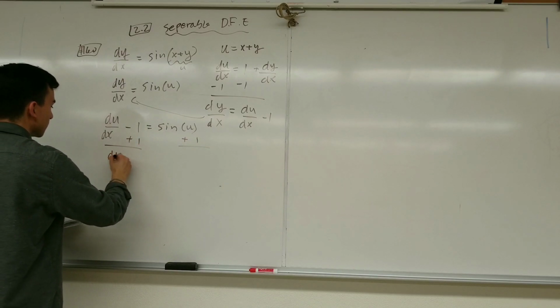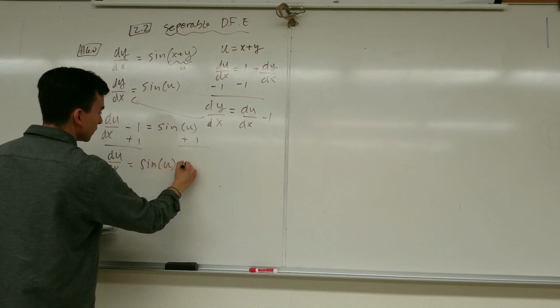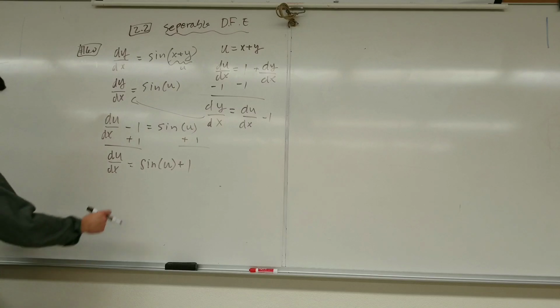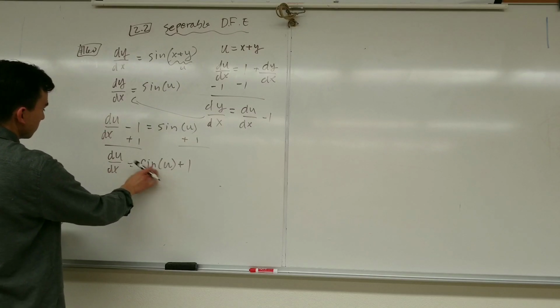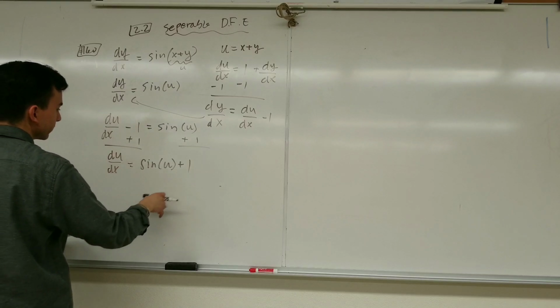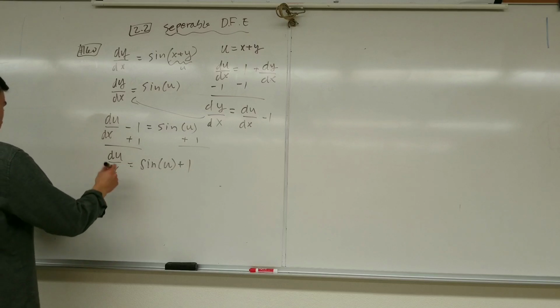And now we have du dx equal to sine u plus 1. All right, now what do we do now? Well, you want to get your u's in the same place and your x's. Well, we don't have any x's over here, so we can just get rid of our dx, put it somewhere else.